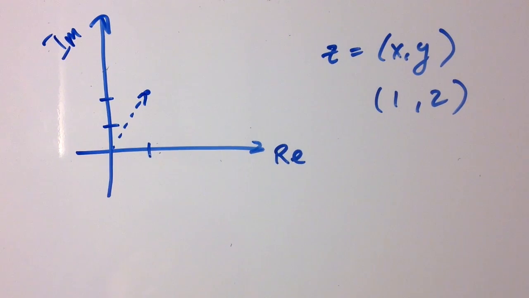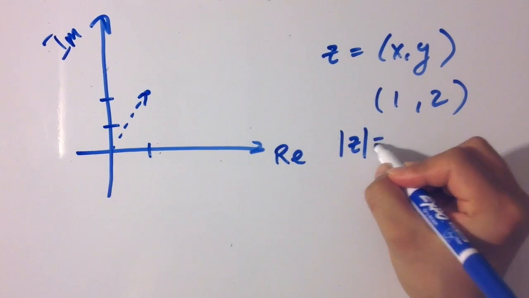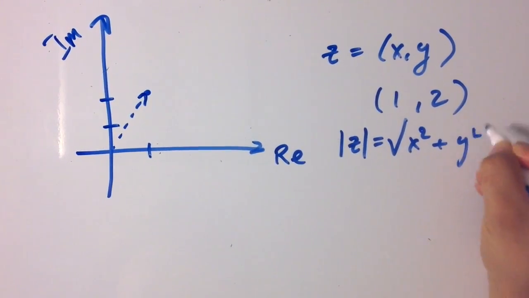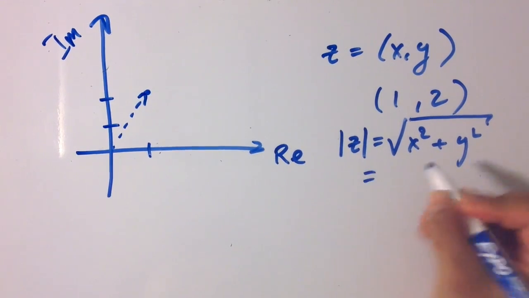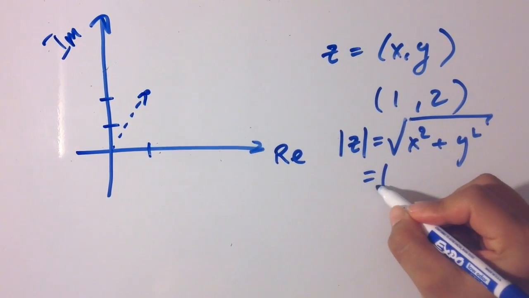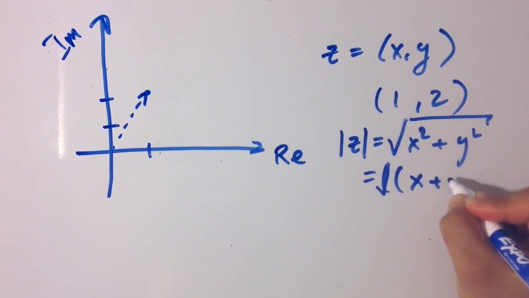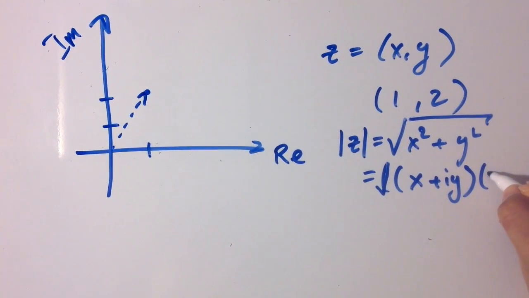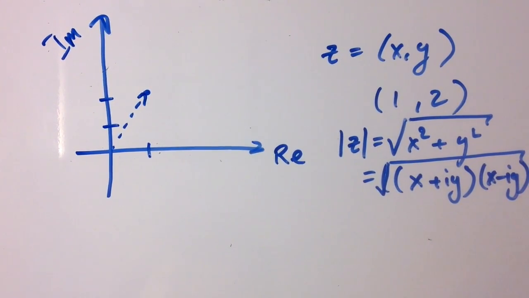To find the modulus of a vector, it is given by the square root of x squared plus y squared. For complex numbers, it so happens that x plus iy, which is our original number, times x minus iy gives precisely the above relation.